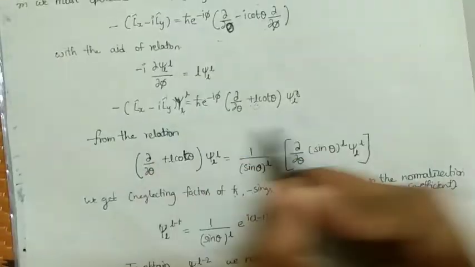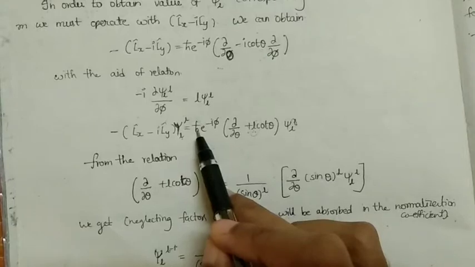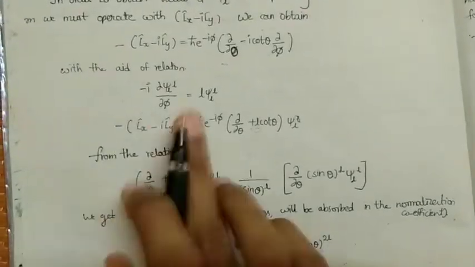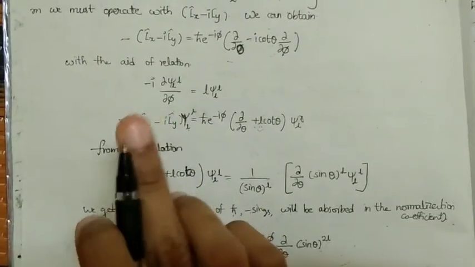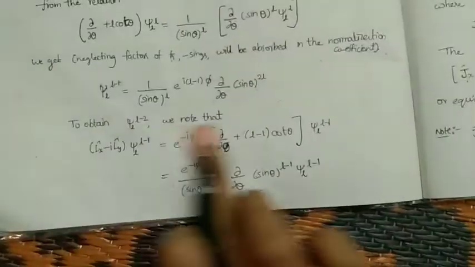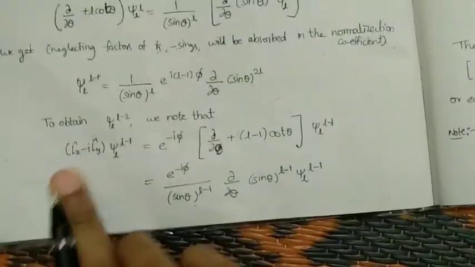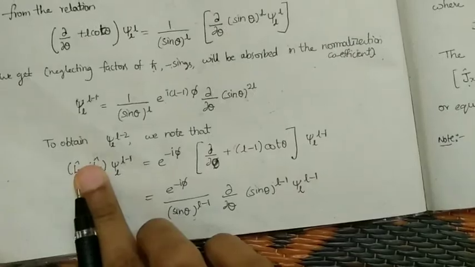So from this equation we would have an equation of this form. Here we have neglected the ħ and the minus sign, and taken it into the normalization coefficient. So finally we would have this, after operating this operator on this equation.